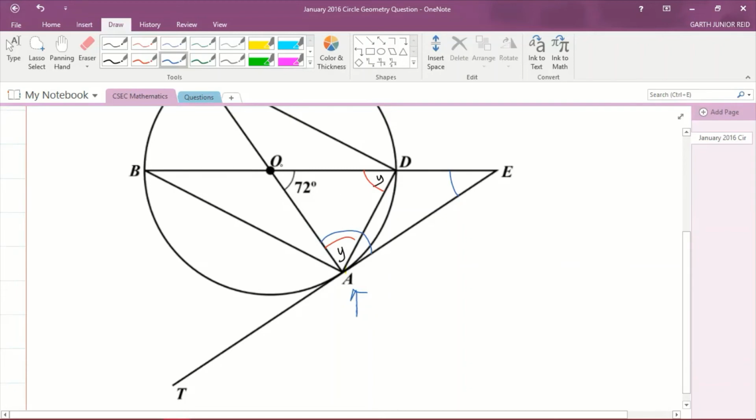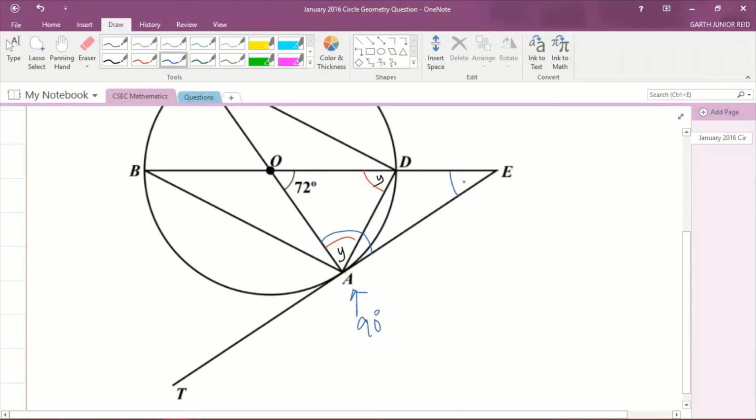And if you look carefully, OEA is a triangle. To be more specific, it is a right angle triangle. We know that this angle here is 90 degrees, and we have 72 degrees here.